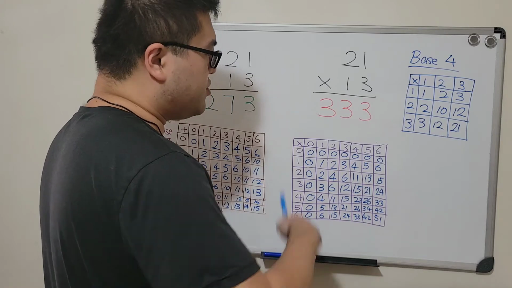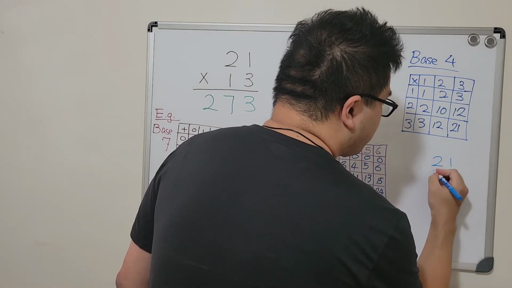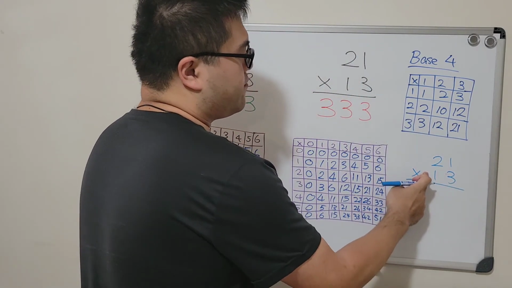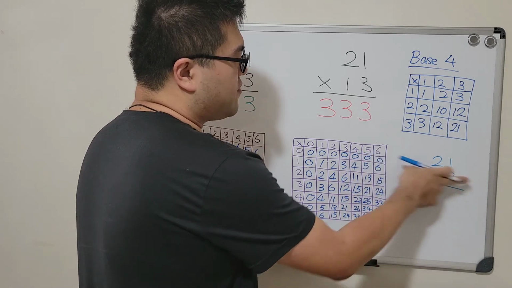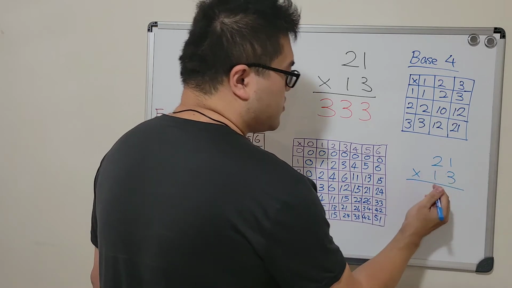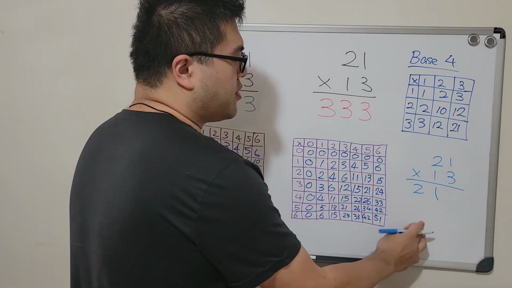Well, we'll just do the vertical multiplication as usual. Let's start from left to right. My personal habit. So 1 times 1 is 1. 1 times 2 is still 2. Very good.